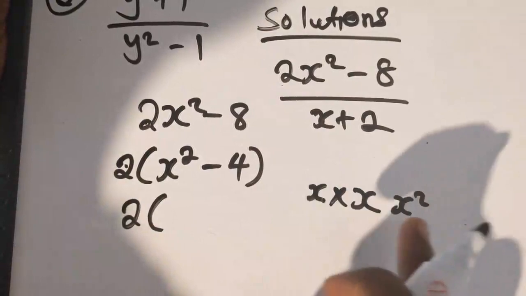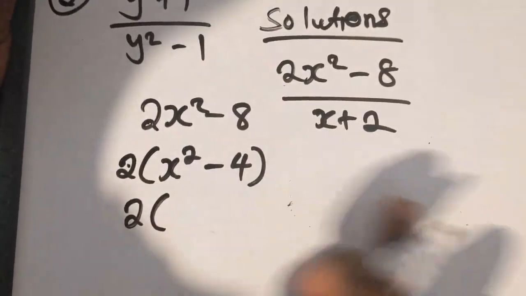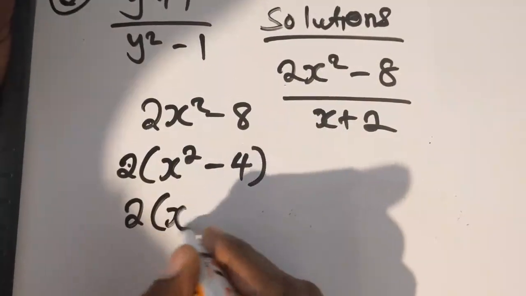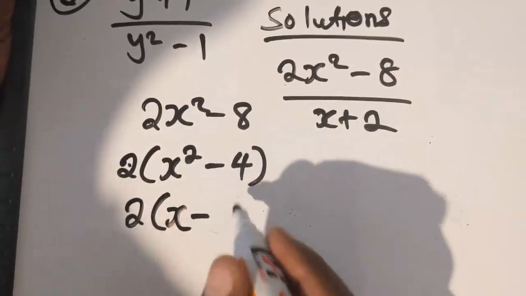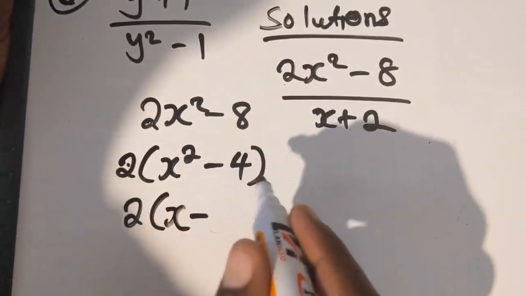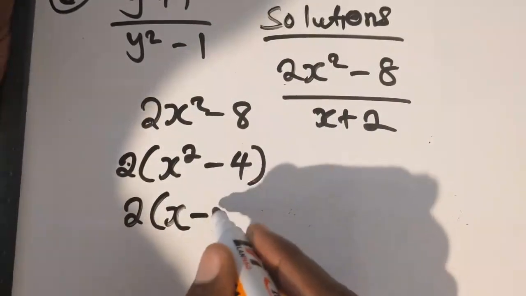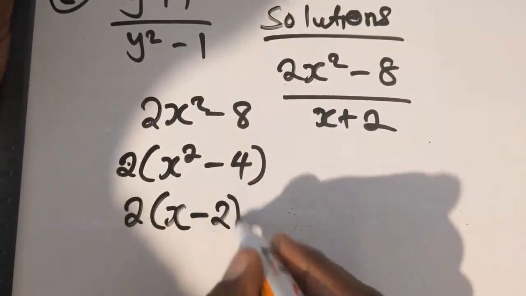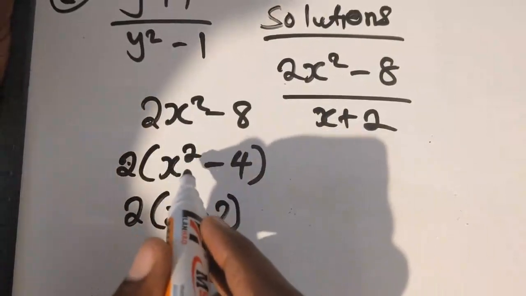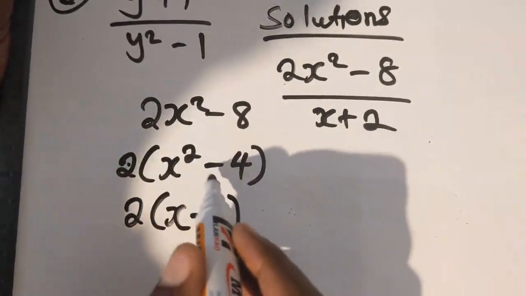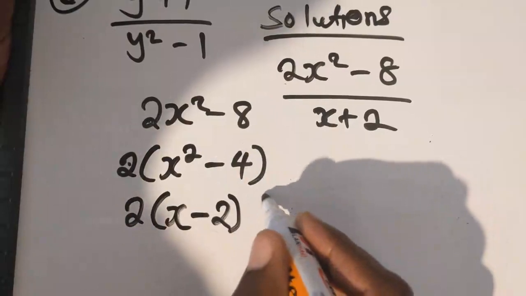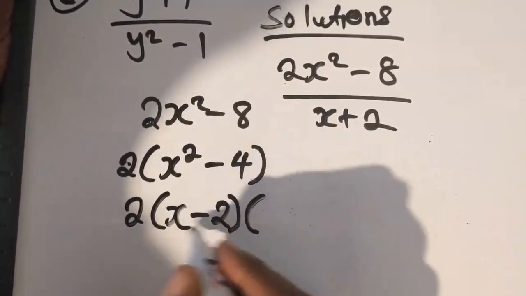Then the minus. What is the square root of 4? It is 2, because 2 times 2 is 4. Now you need to know that in the difference of two squares, when you have a negative here, there is a positive and a negative value of the same answer.